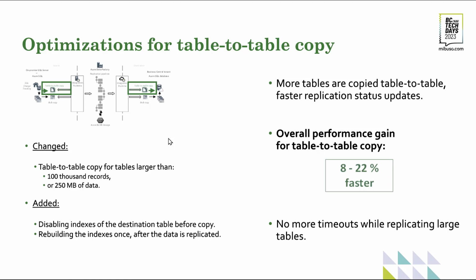And our test measurements showed an 8 to 22% performance benefit for the new process compared to the old way of inserting the data with all indexes enabled. Because both the cleanup of the target table and the data copy are now happening with no active indexes, the replication runs are much faster, and this allowed us to prevent the timeouts for the large tables replication.